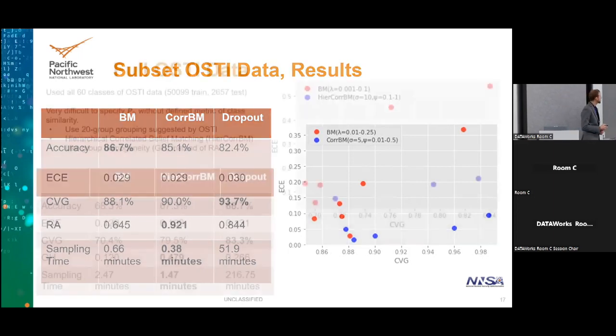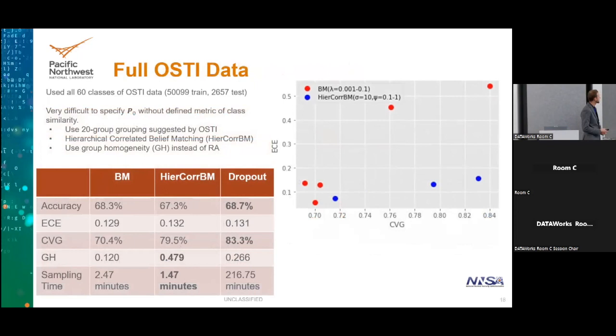All right, so this is the subset. With the full OSTI data set, this is all 60 classes. First thing to note is that it's very difficult to specify a prior for 60 classes, a natural problem, but that's okay.